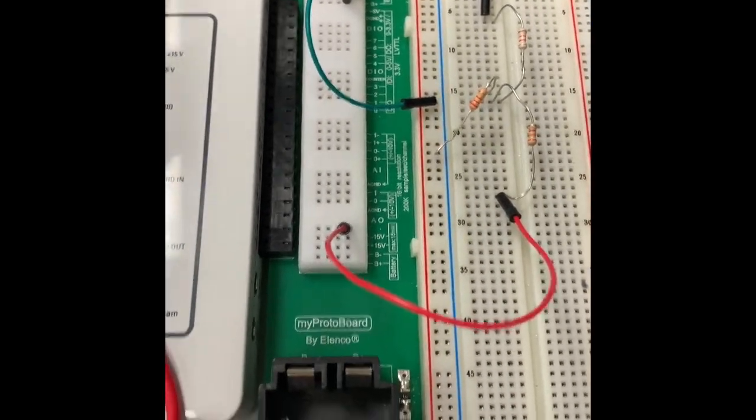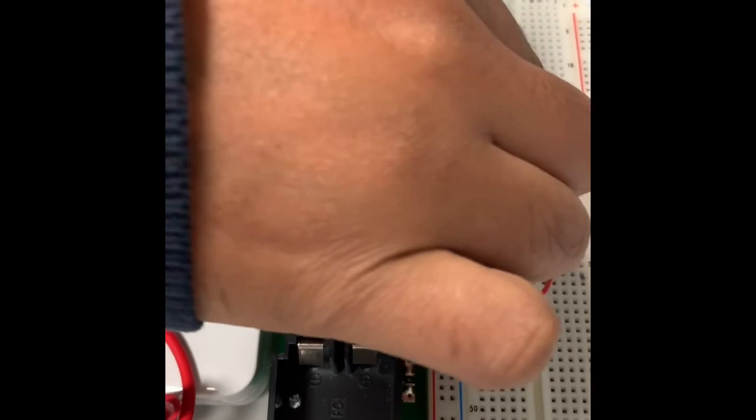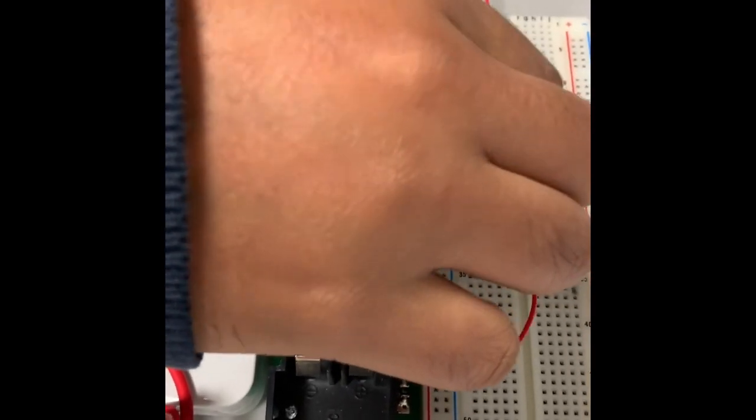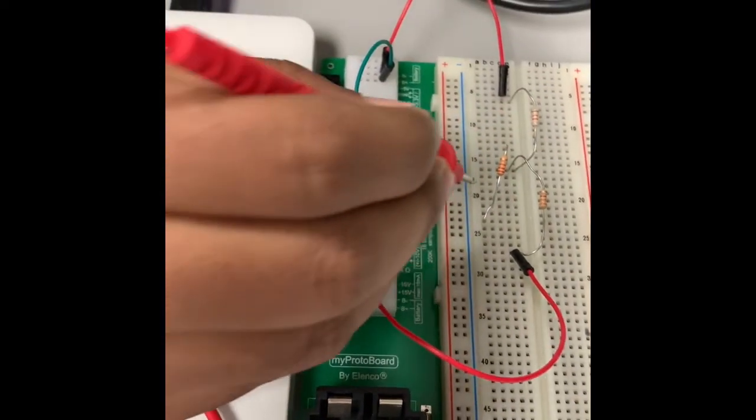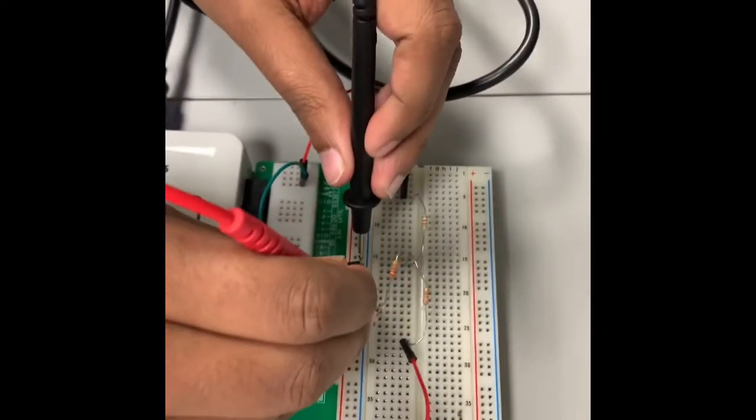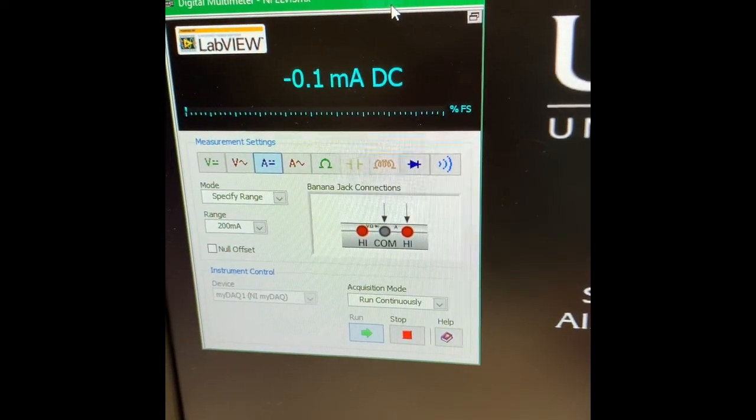So first we're going to do the current for both sources across R3. And we see a reading of 0.1 milliamps.